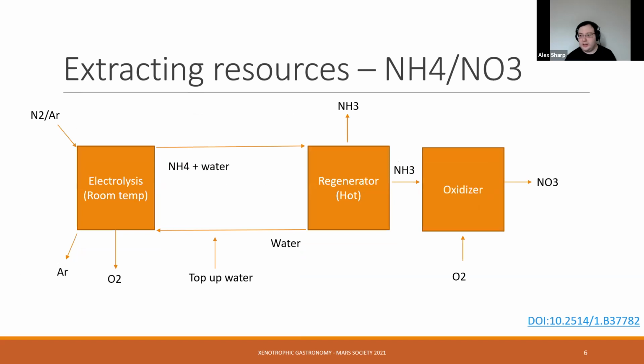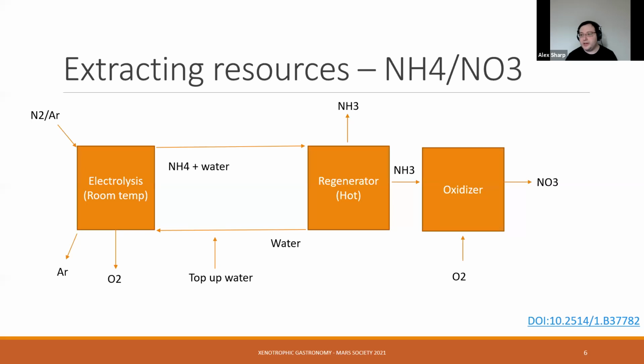Continuing on, nitrogen. There are plenty of plants and the like that will fix nitrogen by themselves. The downside is that it's very energy intensive for them to do that, and it's very much a rate limiter of growth.